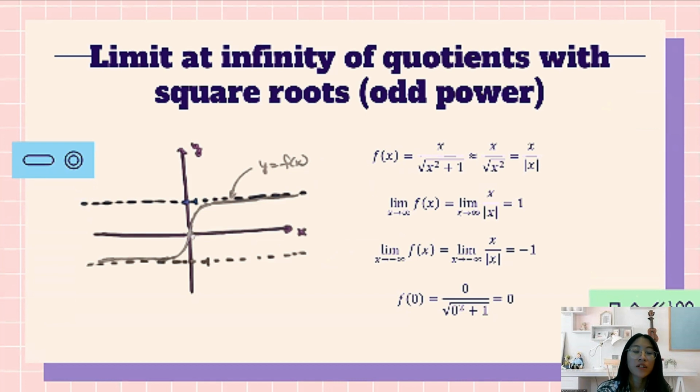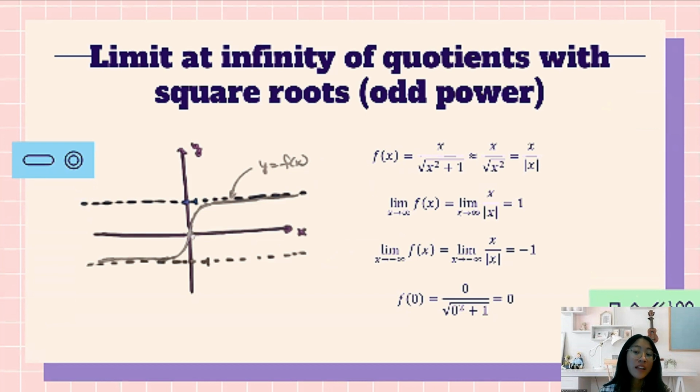Now, for positive x, the absolute value of x will be x. This is going to be x divided by x, so this is just going to be 1. Similarly, taking the limit as x approaches negative infinity, this will be the limit of x over the absolute value of x.